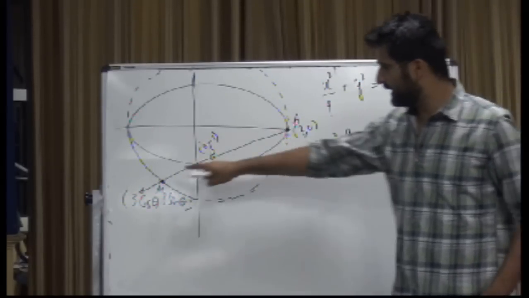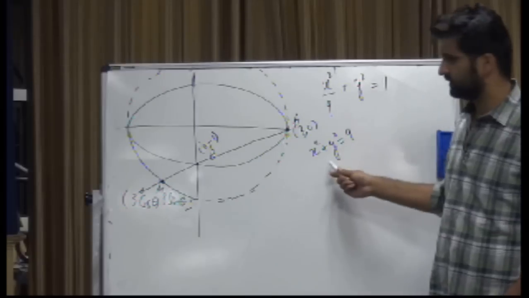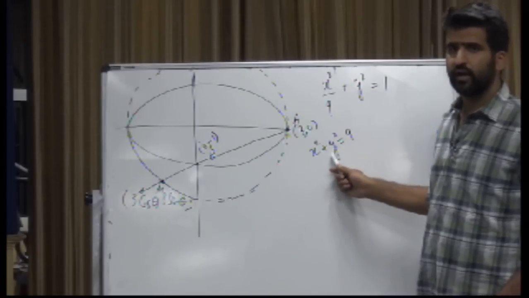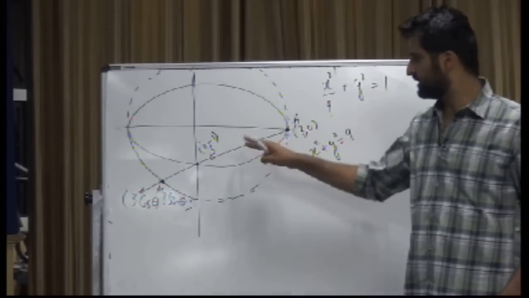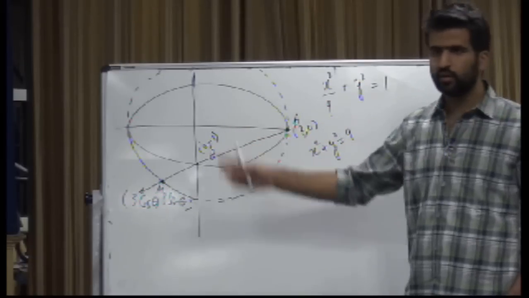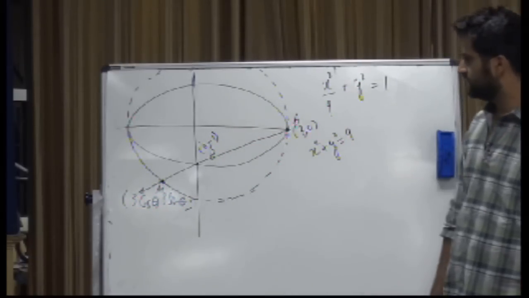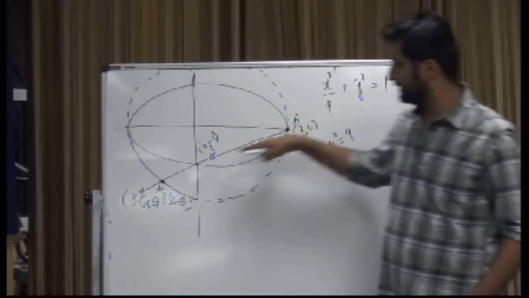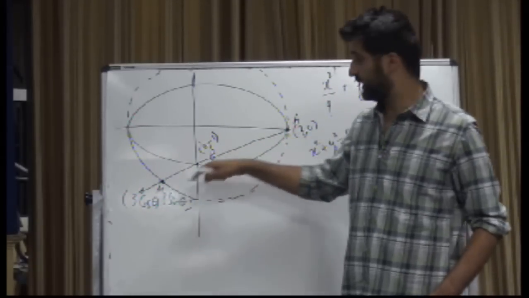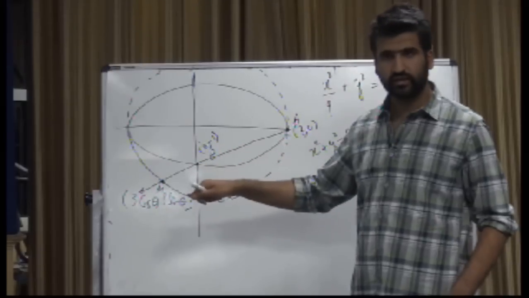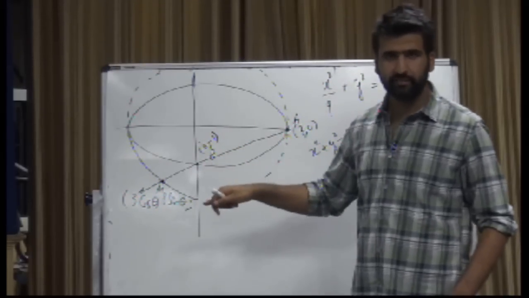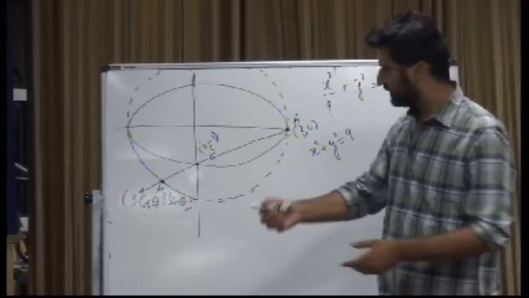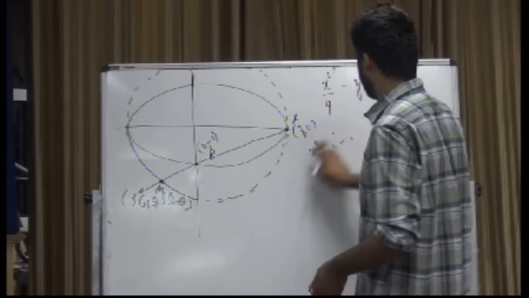And then you can make it meet this circle, and then you can find the point of intersection. You'll get two equations, one is the equation of line, one is the equation of circle. Just solve them. Or what you can do is, you know that this is a straight line, this ABM is a straight line. Therefore, the slope of AB should be equal to slope of AM, right? This thing you can use. So that will make things easier.